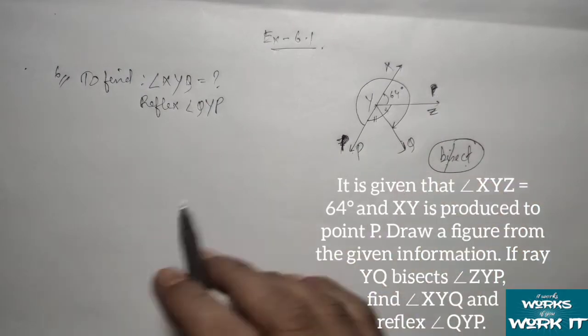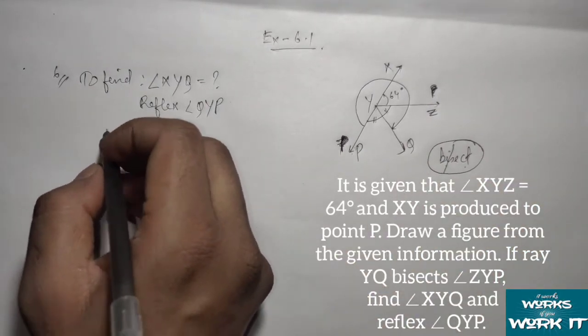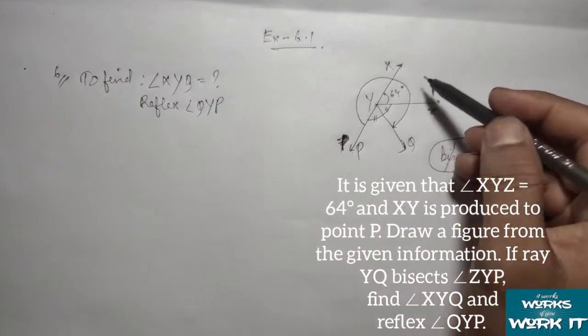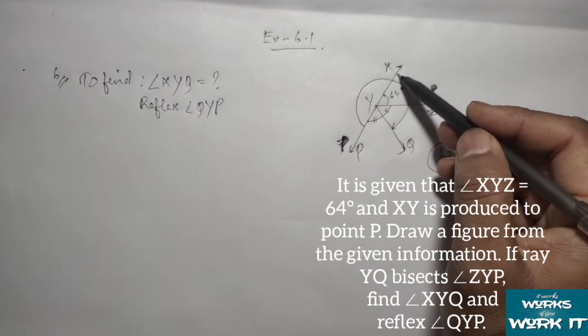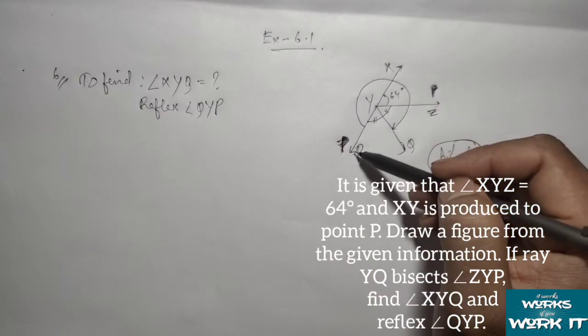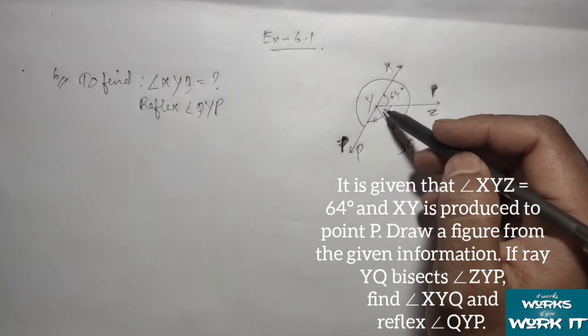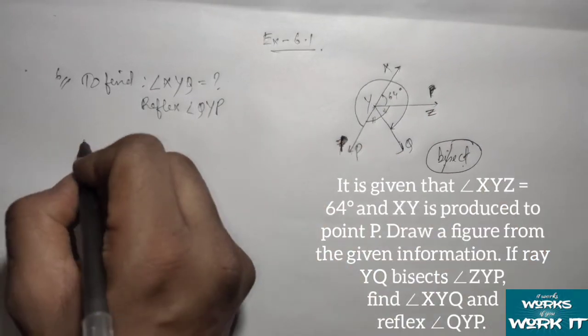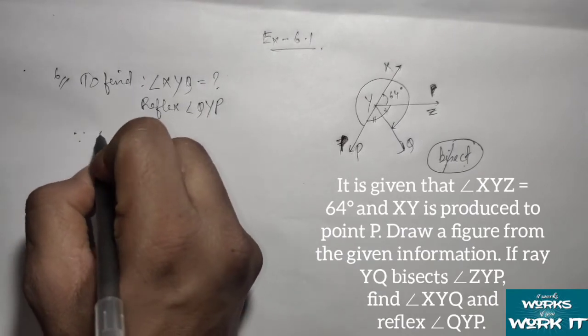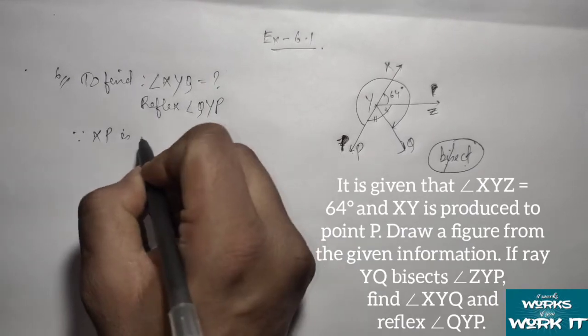So now we will start our solution here. We will take this XP as a line, and we know already that a line consists of how much angle? 180 degrees. So I will start from this X, since XP is a line.